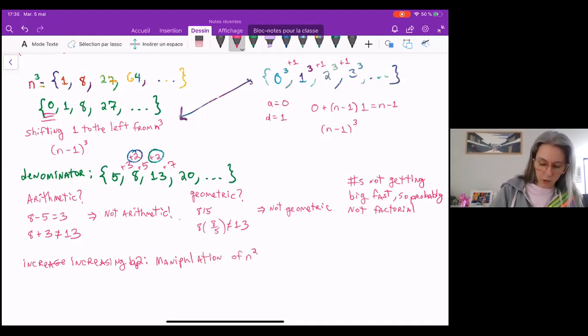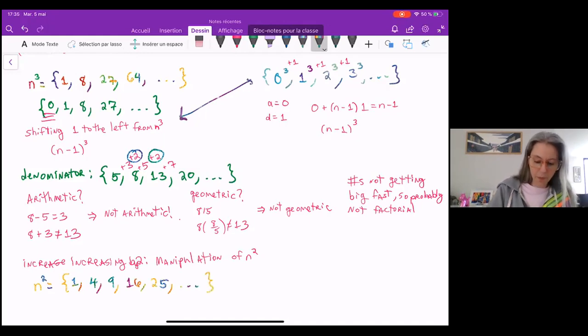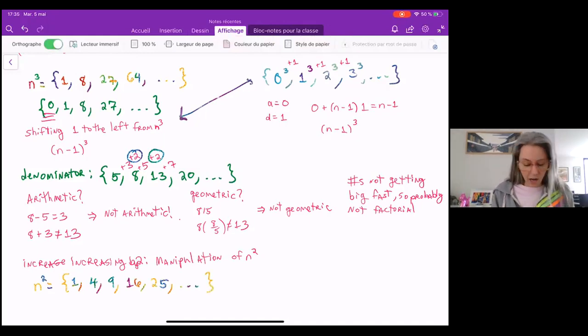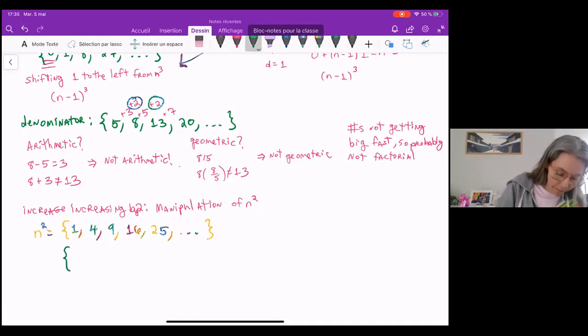So let's look at n squared real quick. N squared is equal to 1 squared 1, 2 squared 4, 3 squared 9, 4 squared 16, 5 squared 25, and so on. Well, what I notice is that none of these numbers are the numbers from up there. So how am I manipulating n squared? How am I getting from 1 to 5, from 4 to 8, from 9 to 13, from 16 to 20, and so on?